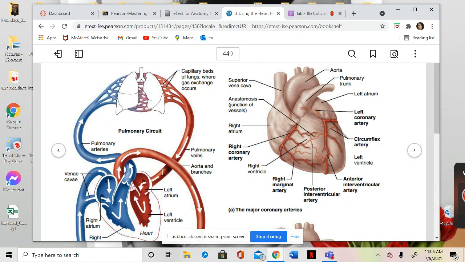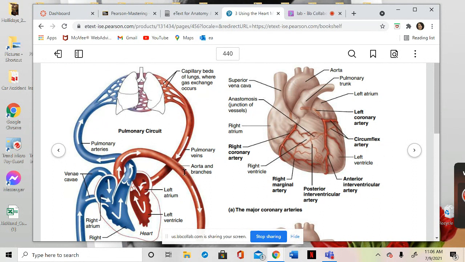This is the function of the left side of the heart, which pumps the oxygenated blood coming from the lung to the rest of the body. And the blood vessels that carry blood to and from all the body tissue form what we call the systemic circuit.